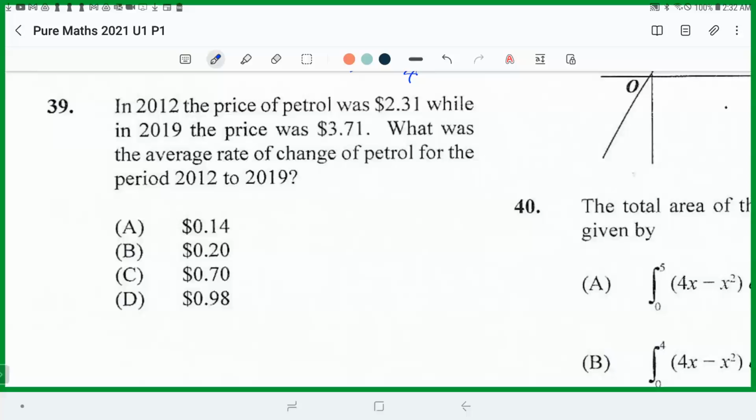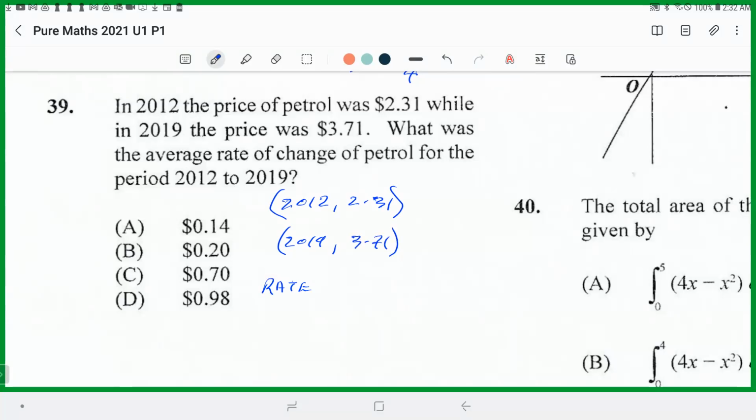Like you have the X value 2012, and the Y value of 2.31, one point. Another point is 2019, and you have a value of 3.71.